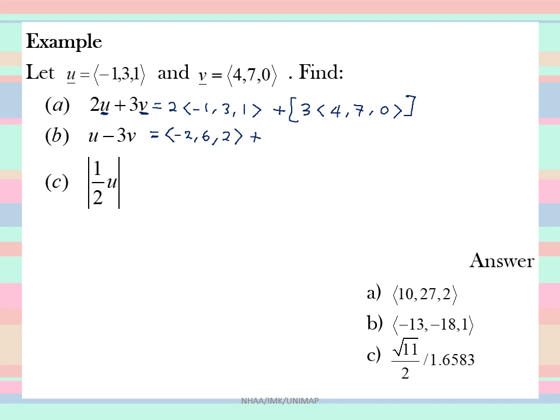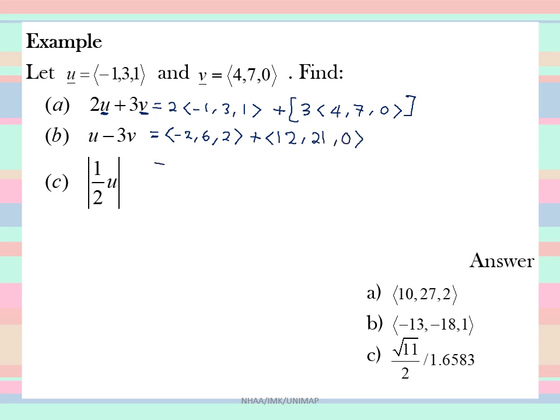Plus, you solve the bracket to get the new component for vector v, which is triple the current component. So 3 times 4 is 12, 3 times 7 is 21, 3 times 0 is 0.